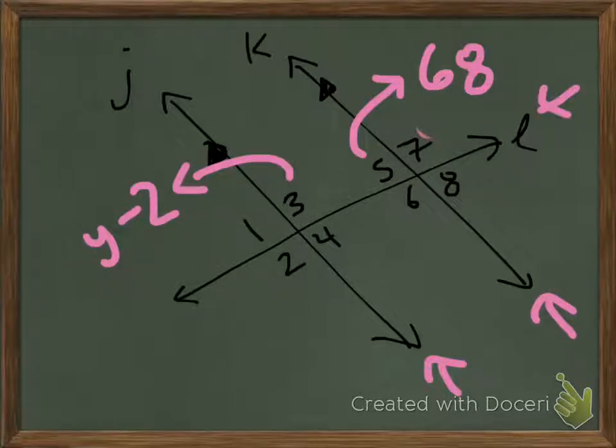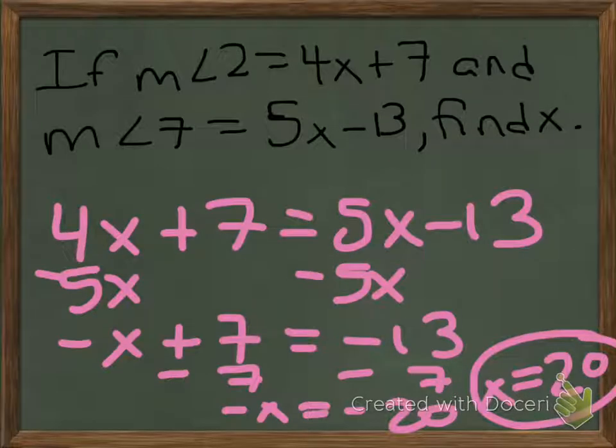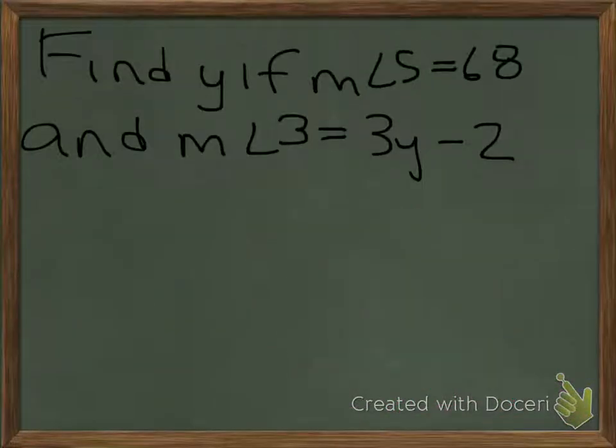Again, look at 3 and 5. Angles 3 and 5 are on the interior of the parallel lines, and they are next to each other. So that's the consecutive interior theorem, which says that they are supplementary.